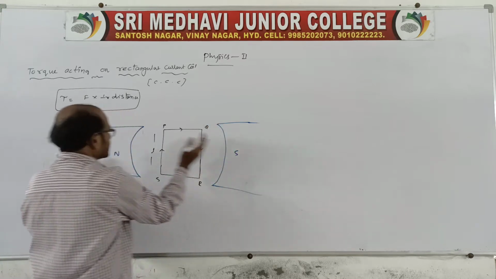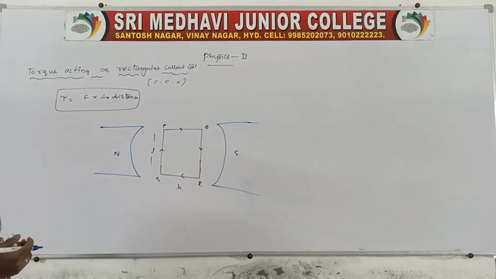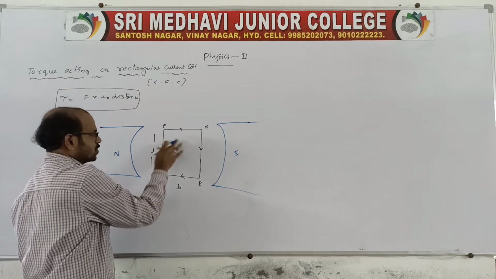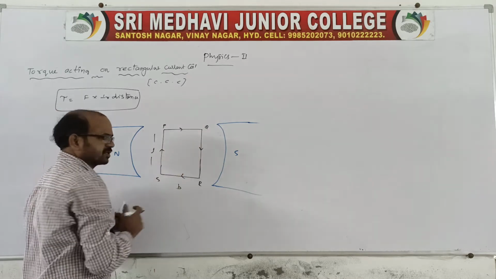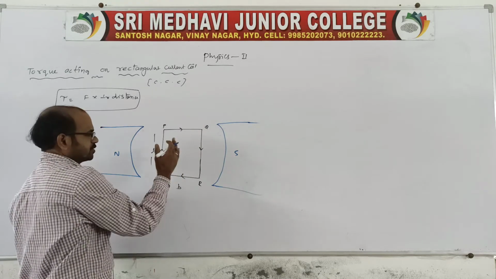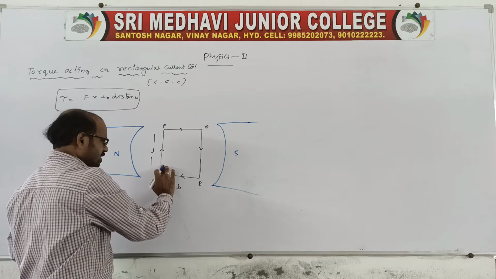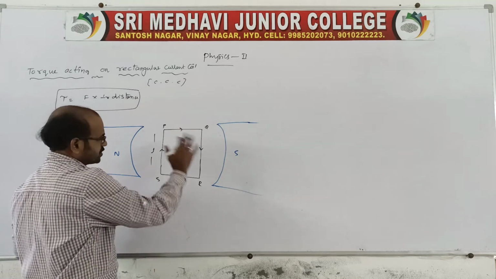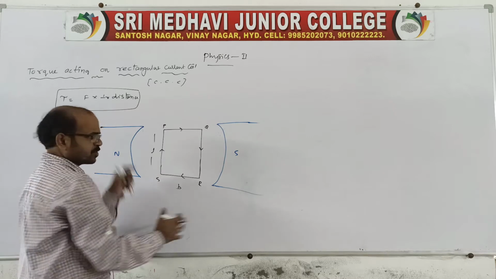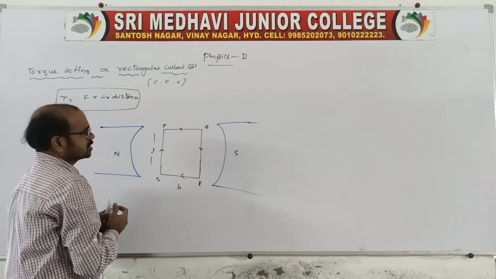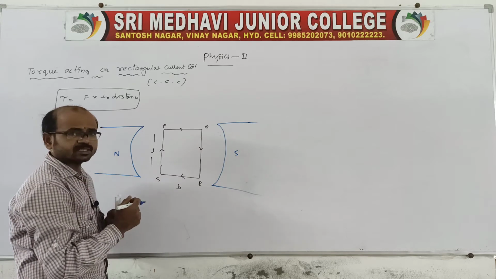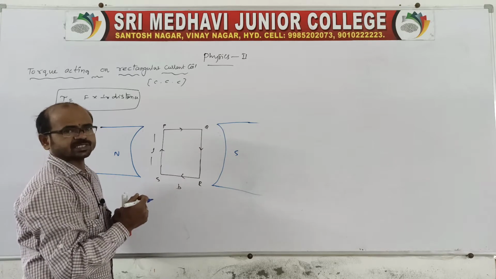Which provides the radial magnetic field. So this rectangular coil is placed in the uniform magnetic field. Therefore, there is a current carrying coil which also produces a magnetic field. Because of the two fields, the coil may be displaced or turned.